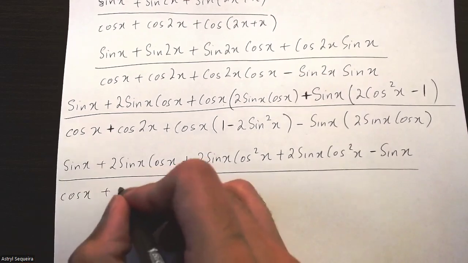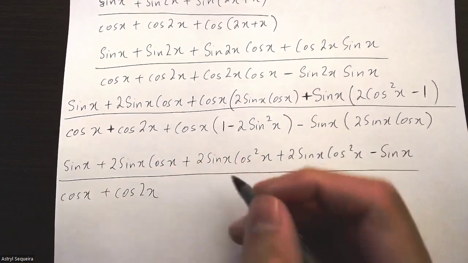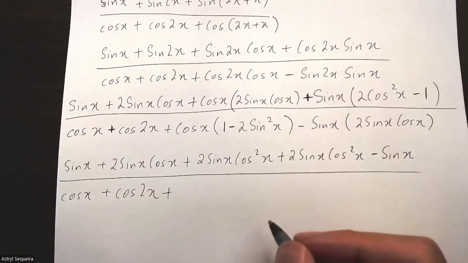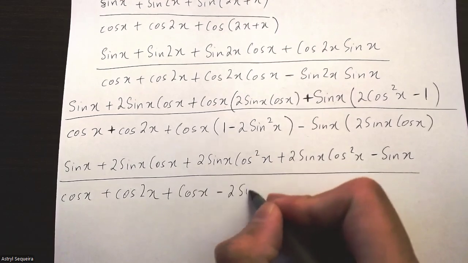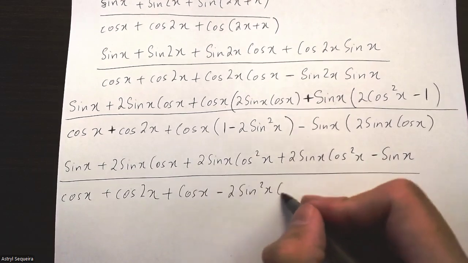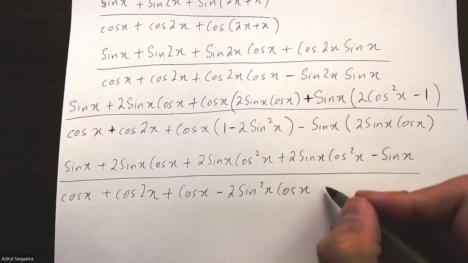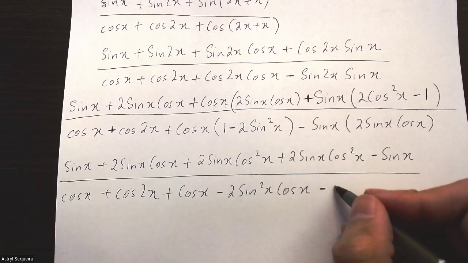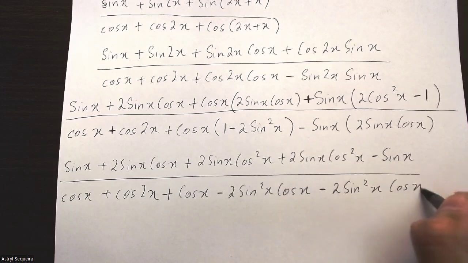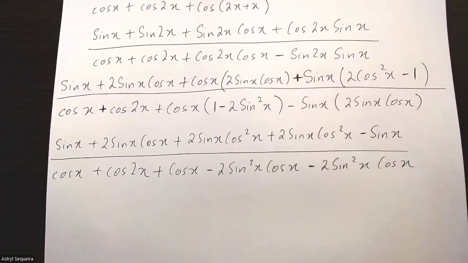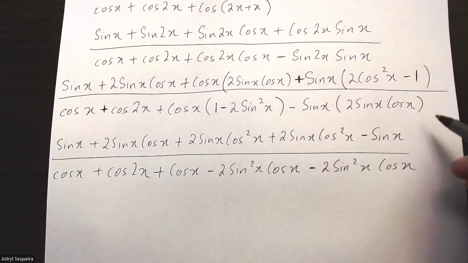I still don't know what to do with this cos 2x, but I'm sure I'll find out at some point at the end. And now I'll just combine like terms also.